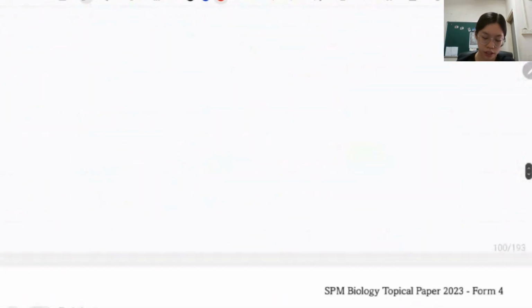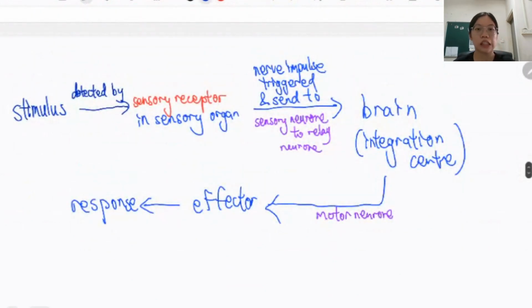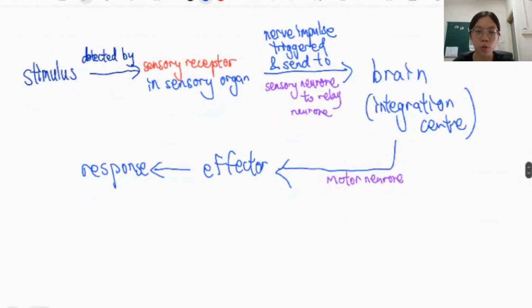Now moving on, this one is just mentioning the most general way this whole response works, how it produces a response from the stimulus it detects. Students find it hard to explain because the following question always asks you to explain it. First of all, you mention what the stimulus is, and you can normally get 1 mark.